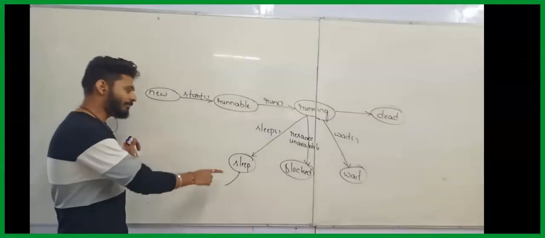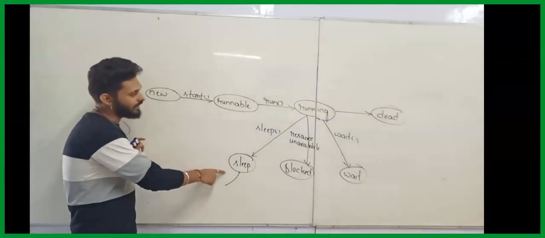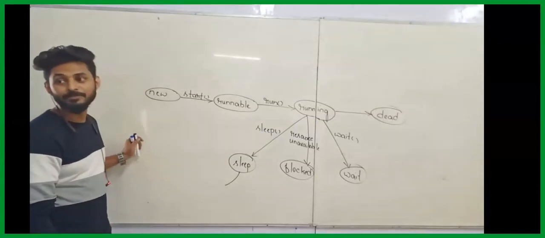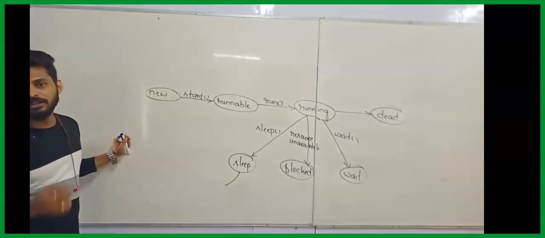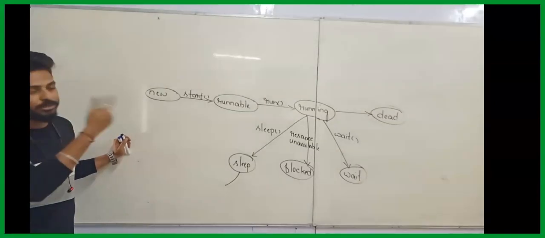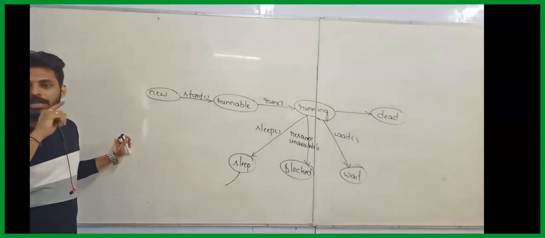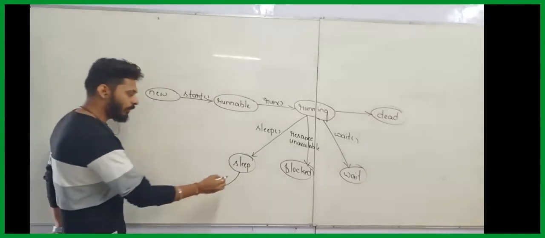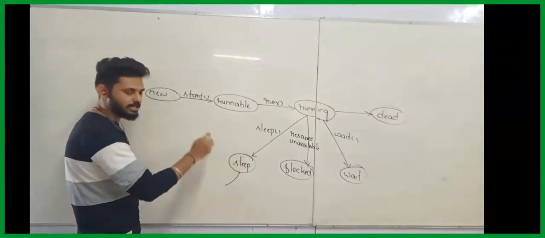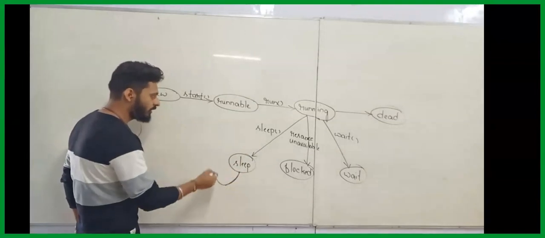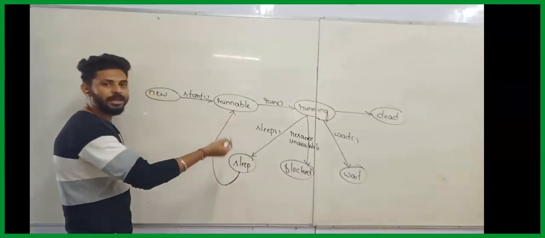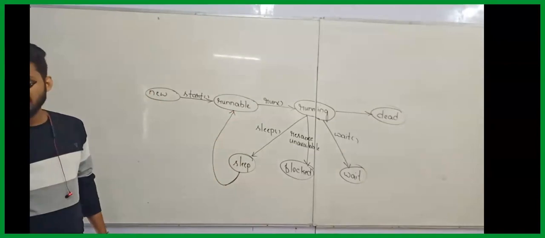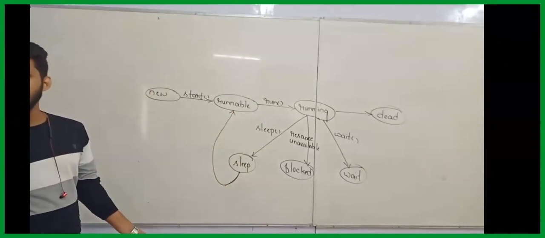So once they come out of sleep state, can they directly go to running state? Don't you think there might be a chance that already one thread is running there? So directly it cannot go to running state. Where will it go? Once the sleep duration is done, it will go back to runnable state and it will wait. Wait until when? Until it gets a chance.